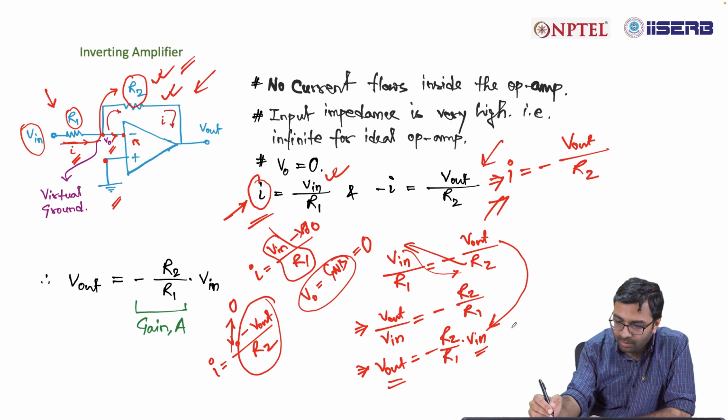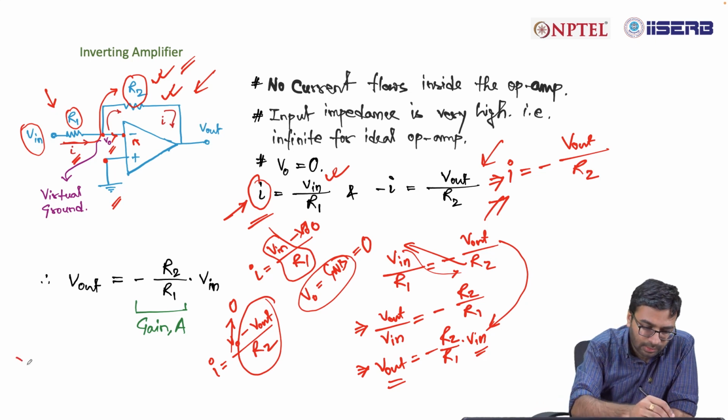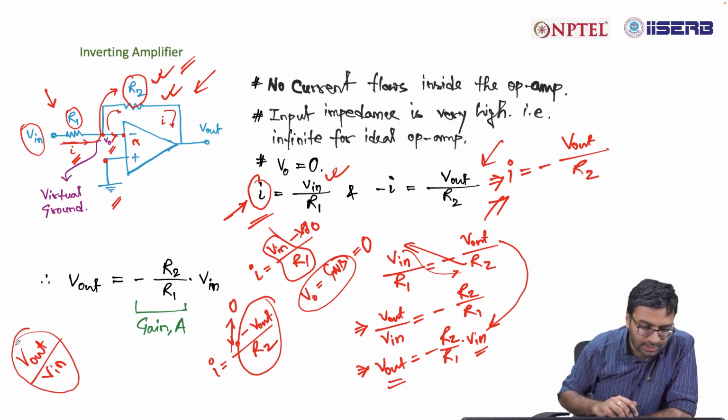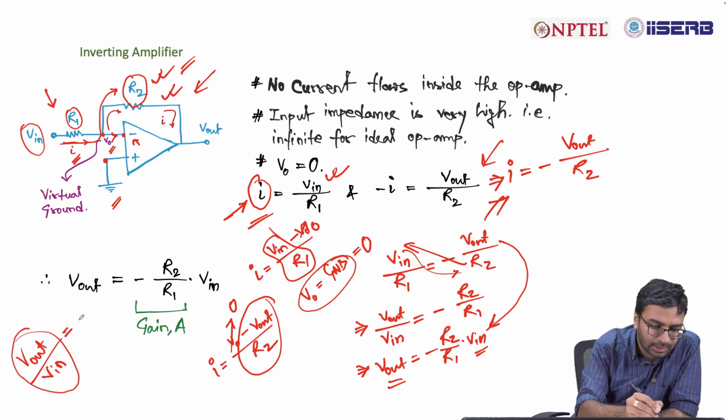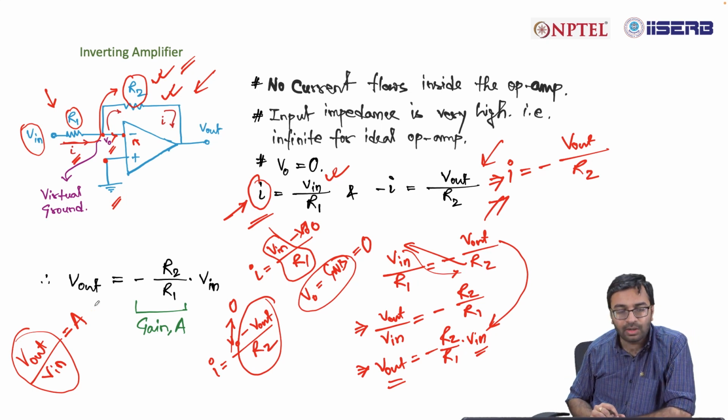Now what is amplification? Amplification is the ratio between V out and V in. This term is your amplification or gain.